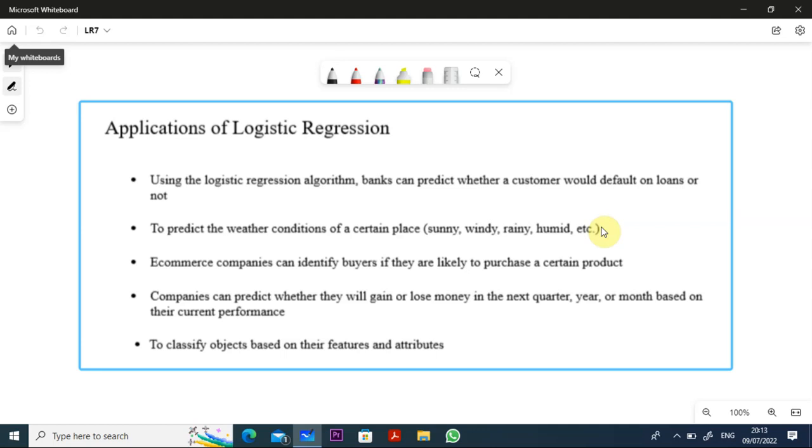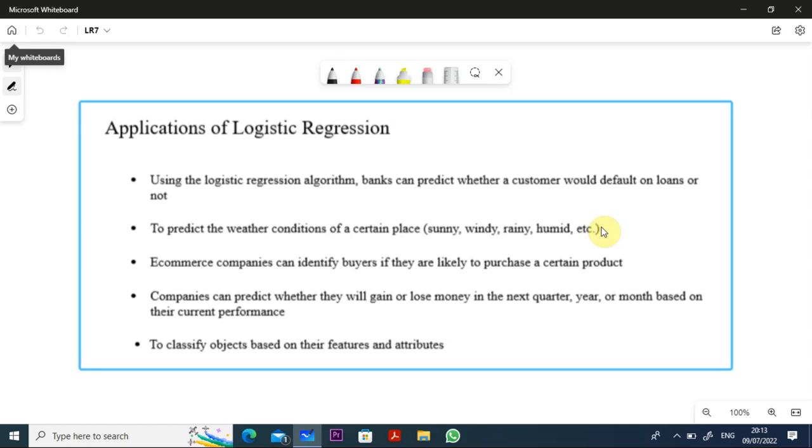Suppose I plan a cricket match on a rainy day. When it is raining, how can I play cricket? It is not possible. Or if it is a windy day, with a cyclone and a lot of wind, it is not possible to play either. So I want to predict the weather. For that, logistic regression is the most suitable.